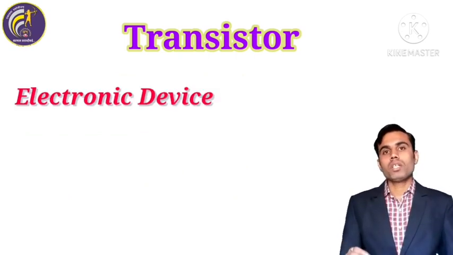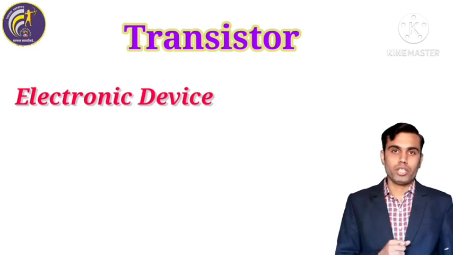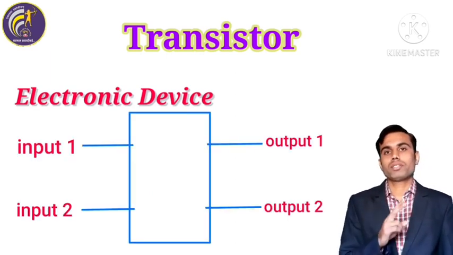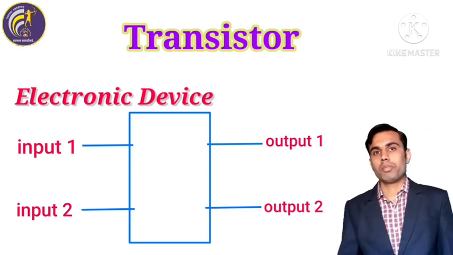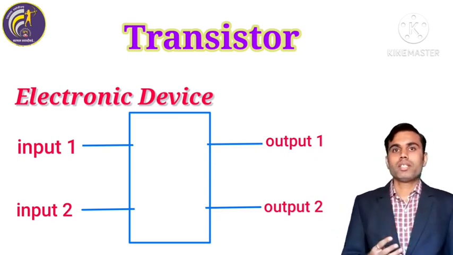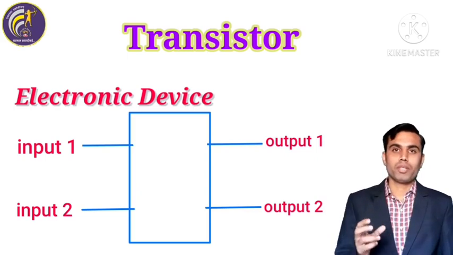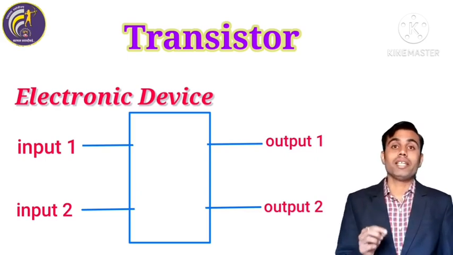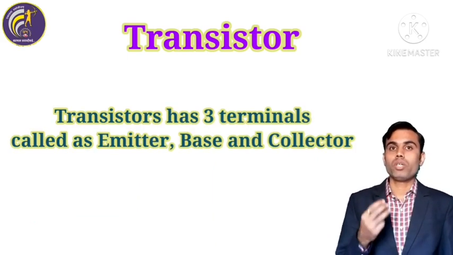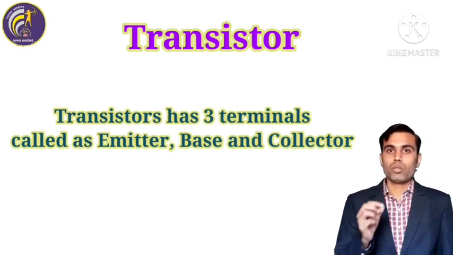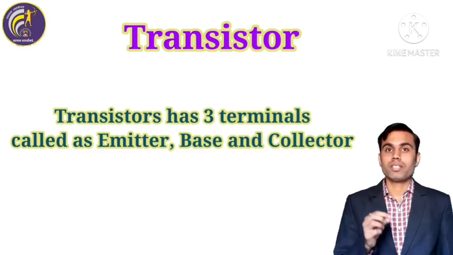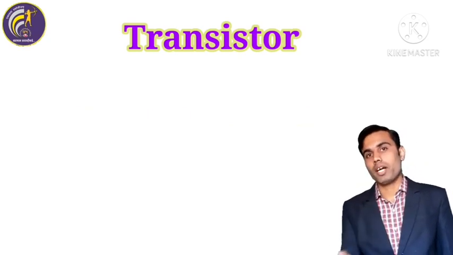Now, if we consider any electronic device, it actually requires two terminals at input and two terminals at output. So there must be 4 terminals for that particular device, but in case of transistor, there are only 3 terminals available. So for that purpose, one extra terminal is adjusted by keeping any one terminal common between input and output.